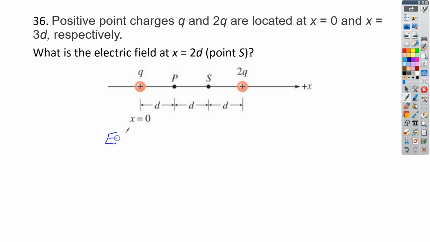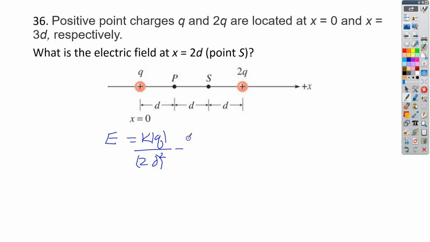This is E, the electric field, equal to K times Q all over 2D squared. Okay, so that's from this charge affecting S, and that 2, it's actually 2D, and then that quantity squared.